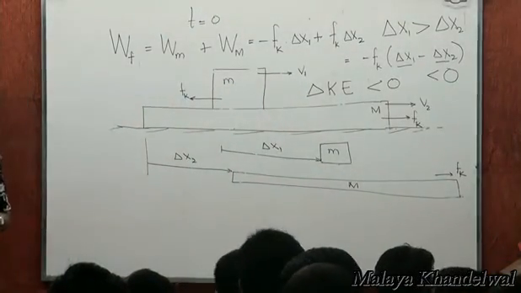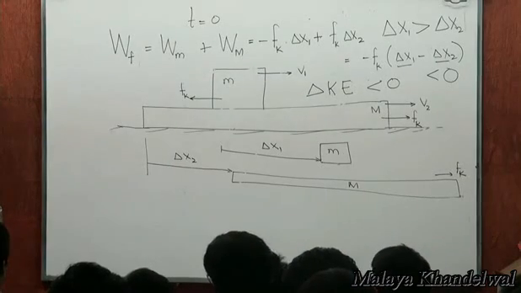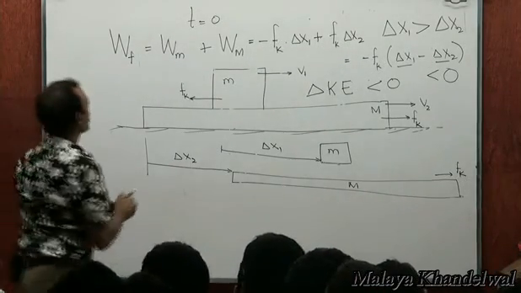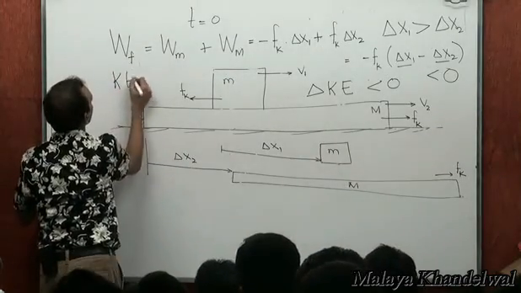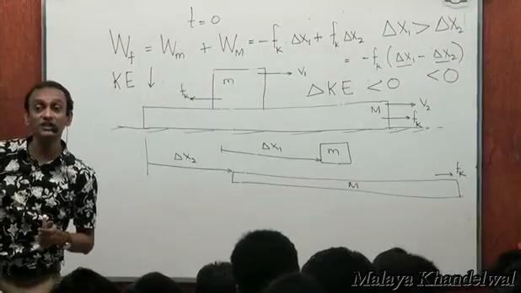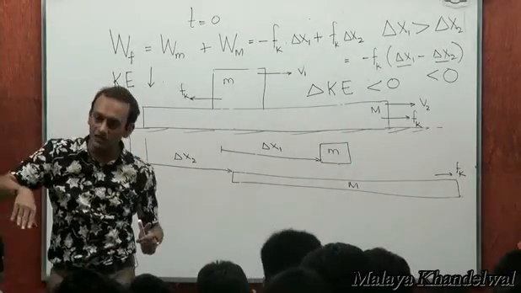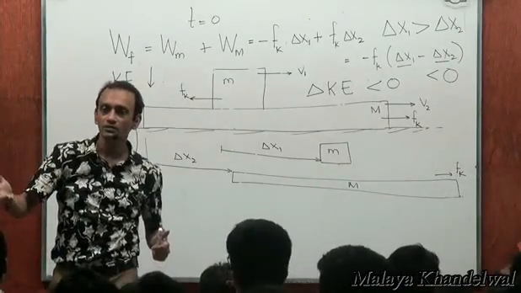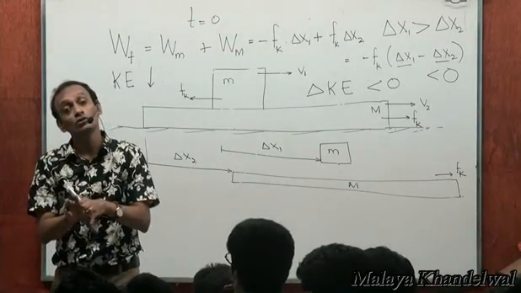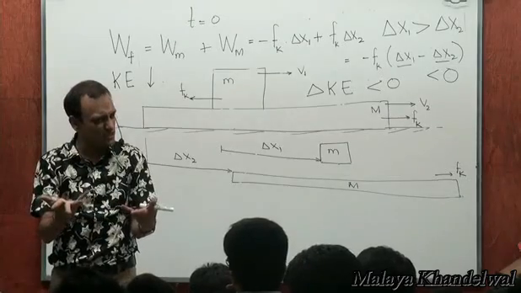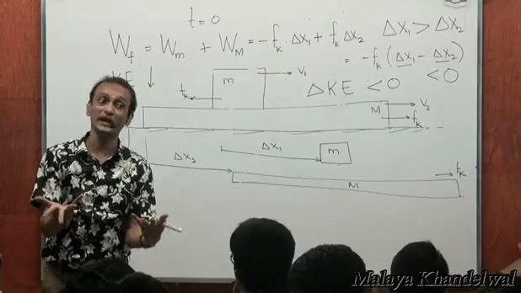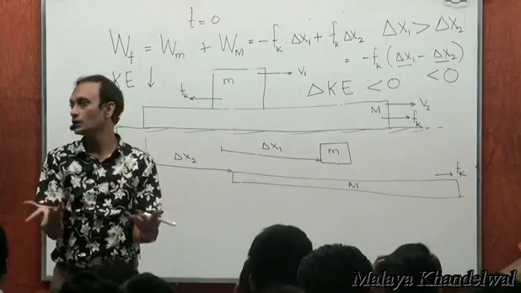If the change in kinetic energy is negative, it means that the total kinetic energy of the system must be decreasing, because change of kinetic energy negative means final kinetic energy is less than initial kinetic energy. So if two masses rub against each other, the total energy gets dissipated, because the work done by frictional forces is always negative. Clear?